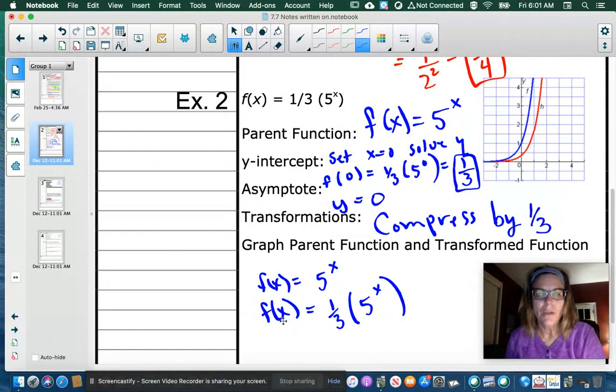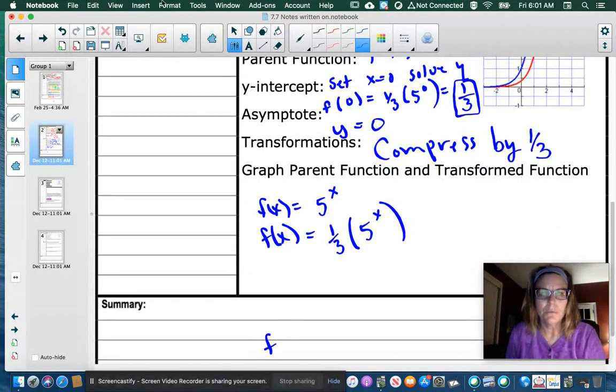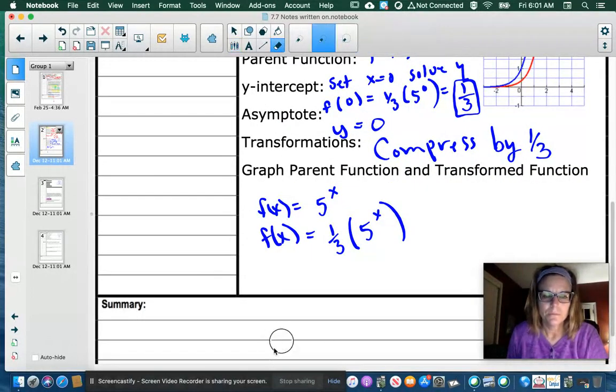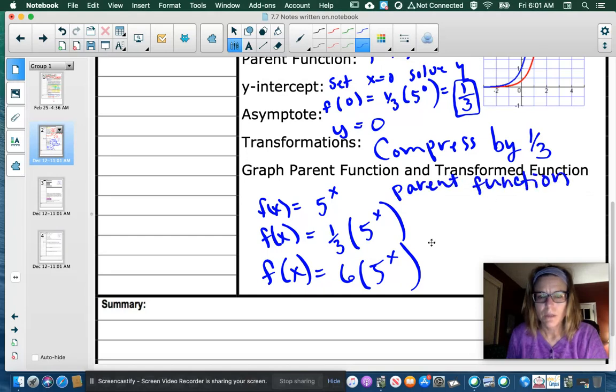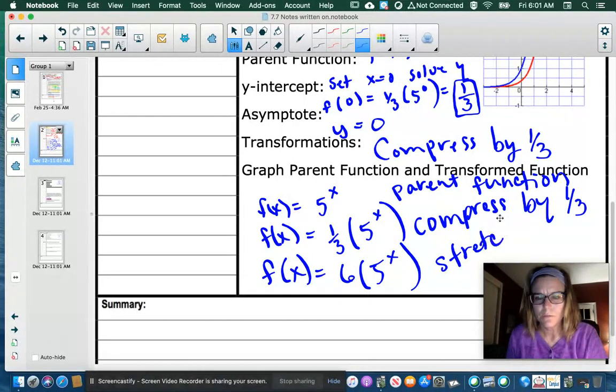And then we're going to graph a third one. We're going to just put a 6 in front, because that would be a stretch. So this one is the parent function, this one is a compress by 1/3, and this one is a stretch by 6.